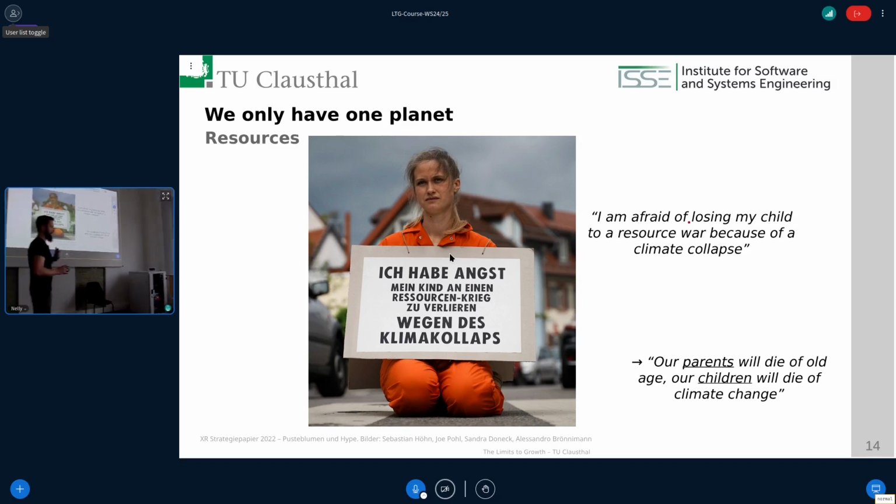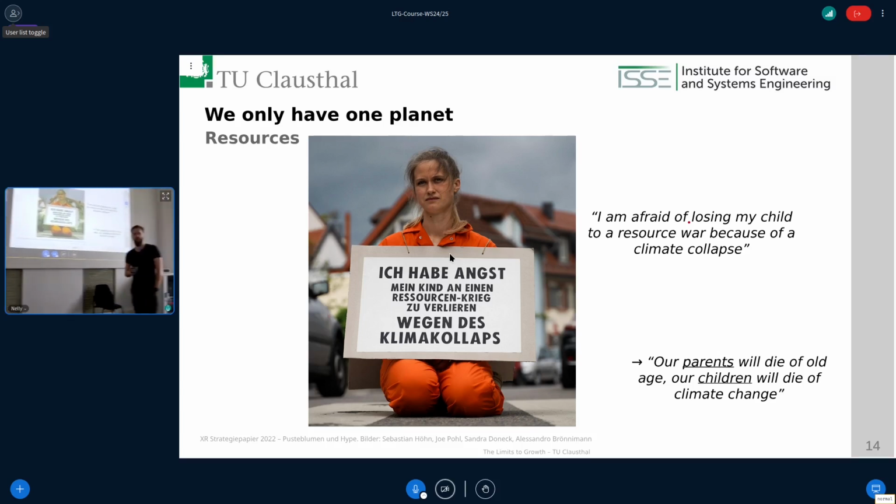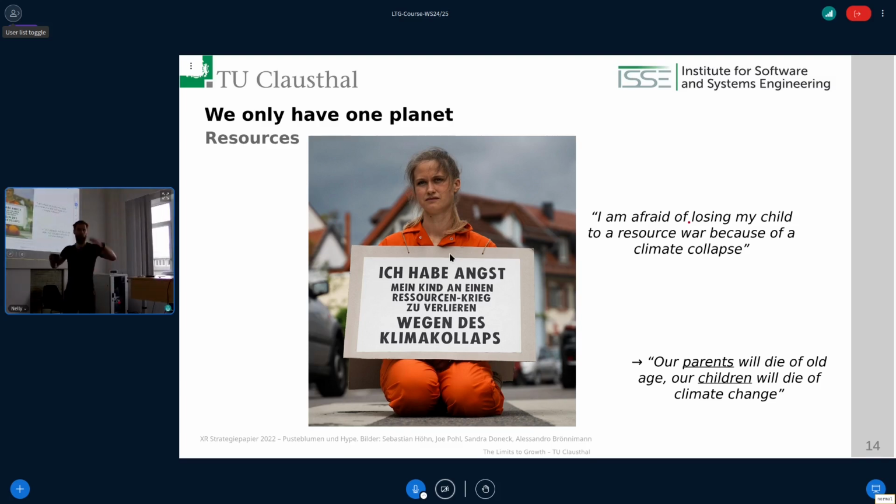And you can talk about super simple resources like water, food, oil, something that runs the world now, but you can also go into more high-tech things like raw materials for the high-tech sector to make chips, to do all this nice tech stuff. And none of them is infinite. We're living on a finite planet.